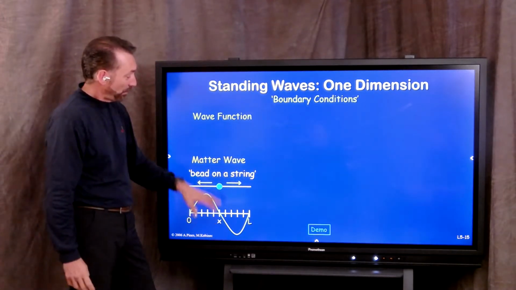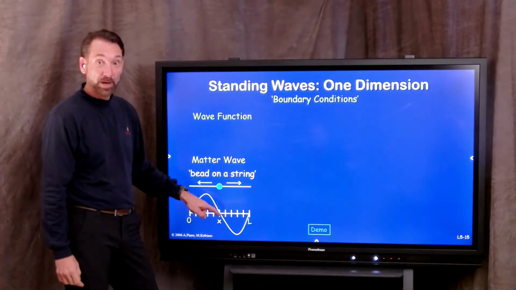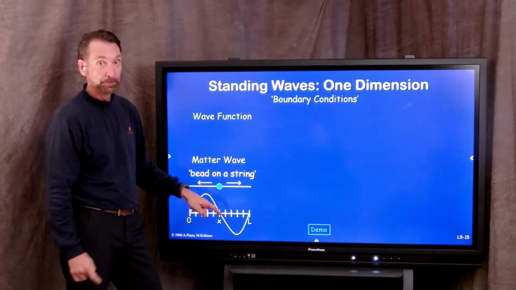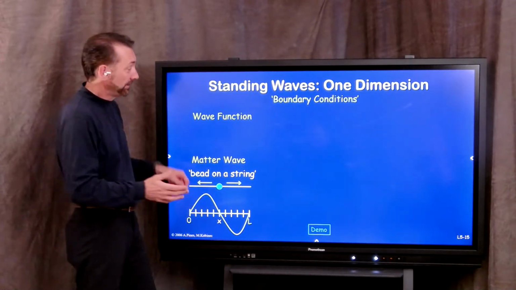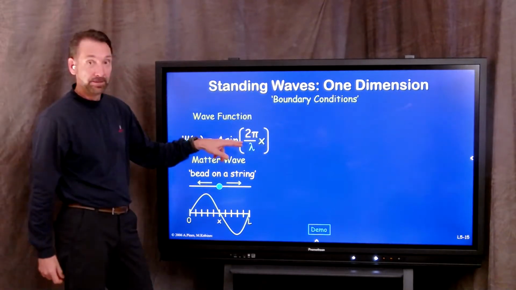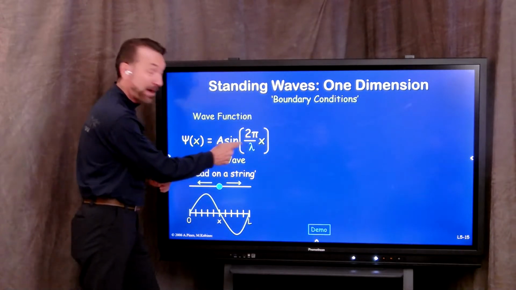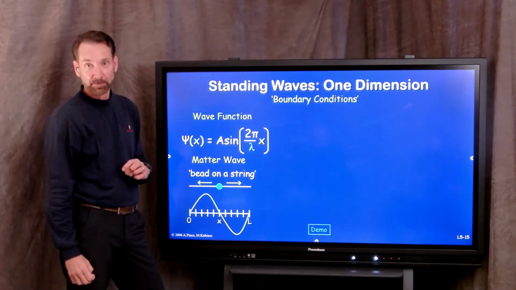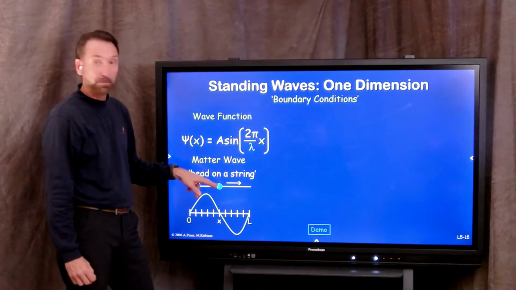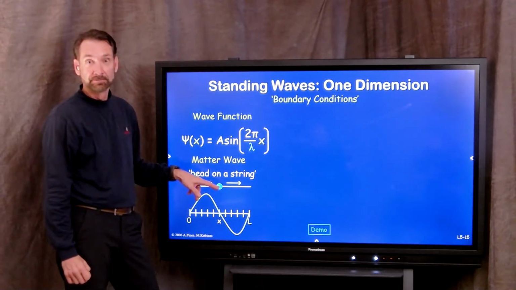But what if it's incredibly tiny and has wave-like properties as well? If it did, then there'd be some wave function associated with it. And this lambda, we know how to get now. This wavelength, we understand where that comes from: the momentum of the particle.